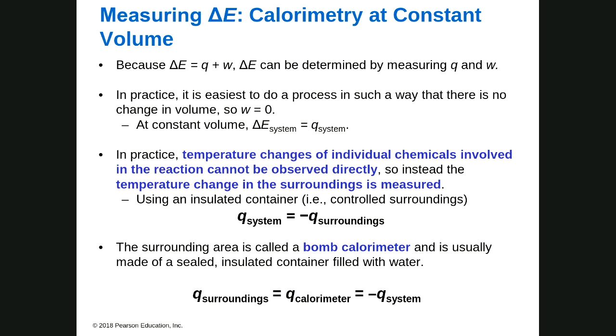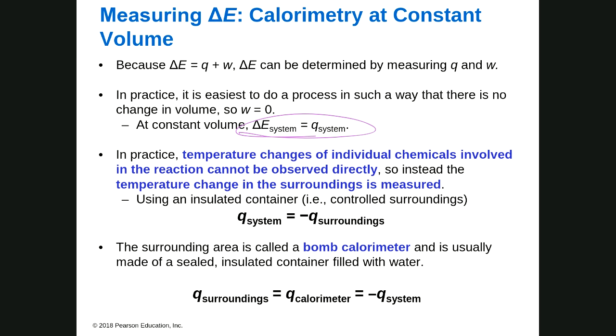So if I keep the volume and the pressure the same, then my Q basically shows me what my work is. If W is 0, then the change in energy of the system is the heat.